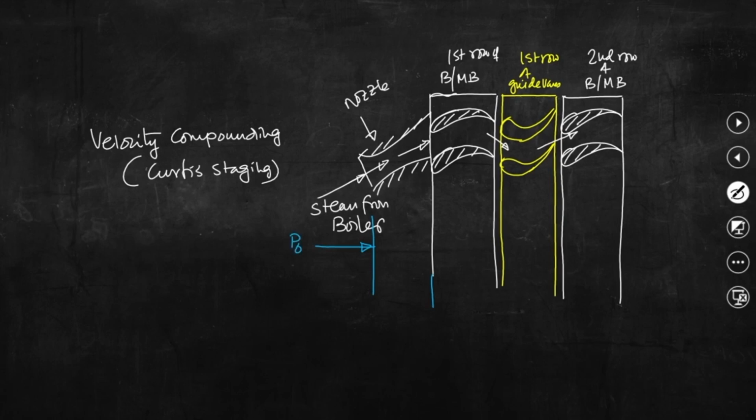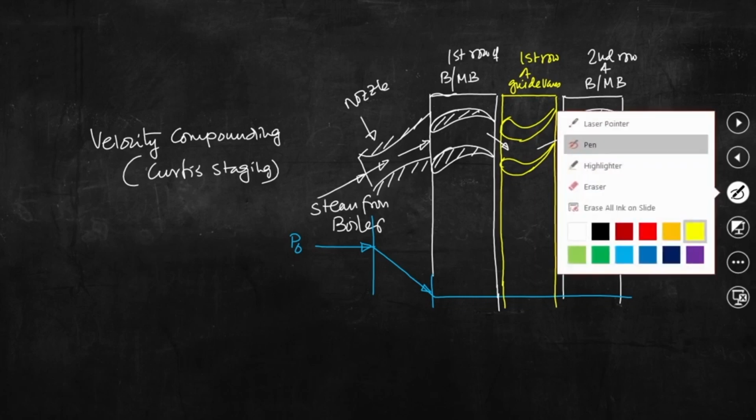So, that is the boiler pressure, and pressure will drop drastically inside the nozzle, and pressure will remain constant thereafter as the steam passes through.